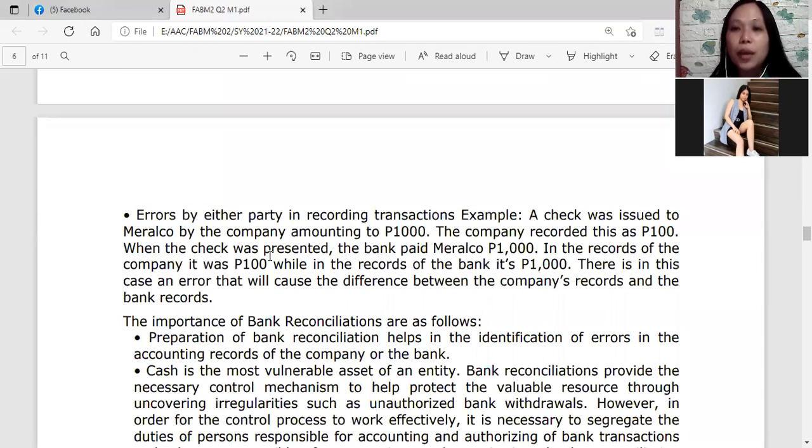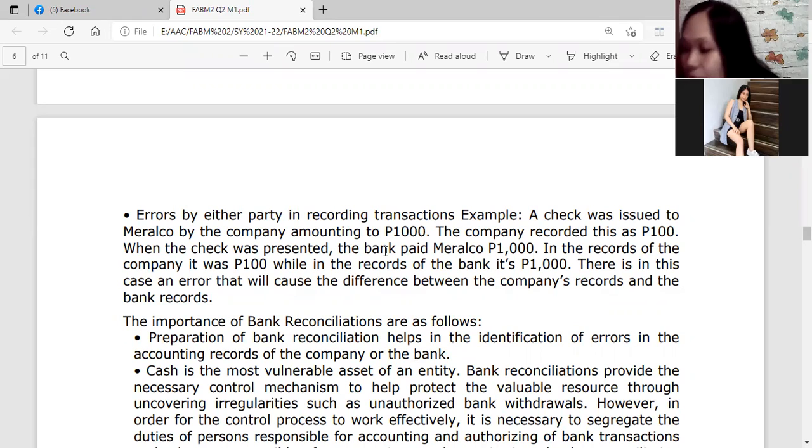Okay, number two, errors. Oh, sa mga errors? Errors by either party in recording transaction. So there could be some erroneous recording. So sayop ang pag-record. Okay, for example, a check was issued to Meralco by the company amounting to 1,000. And then the company records this as 100 instead of 1,000.